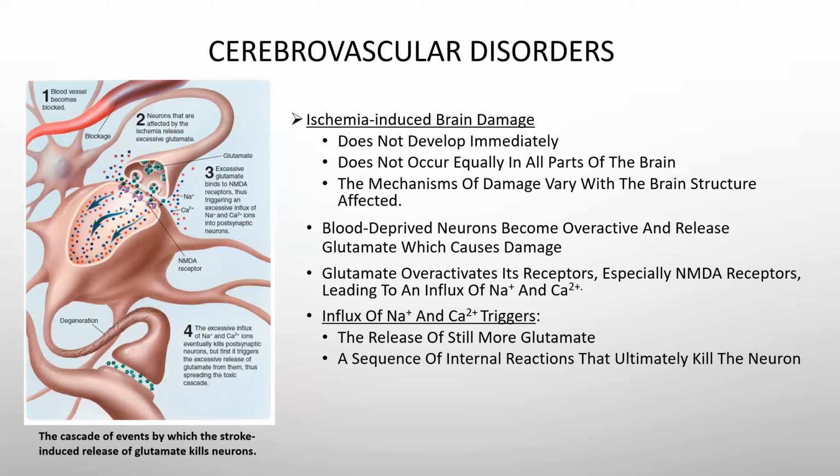And so therefore it's spreading the toxic cascade. Okay? So this is why with stroke, it's very, very important that the blockage is dealt with as soon as possible, or else there will be extensive neuron death. Okay? And this would be the necrosis.